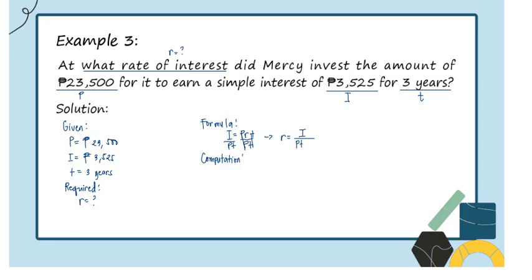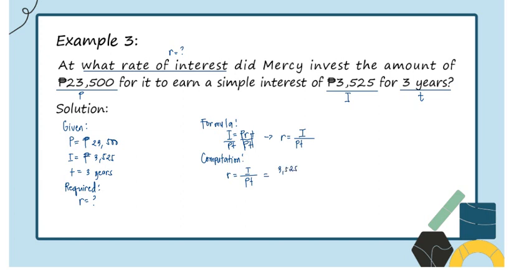So if we do the computation, R is equal to I divided by PT. And then, yung I there is 3,525.